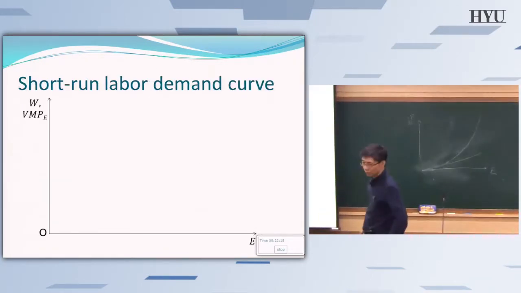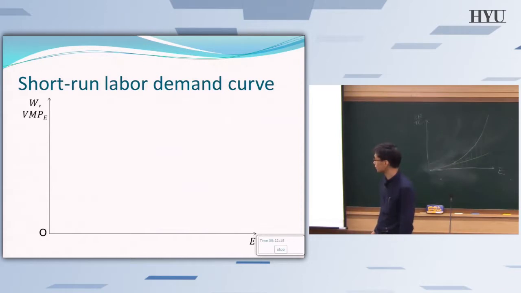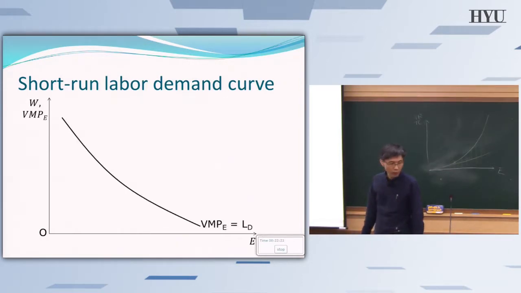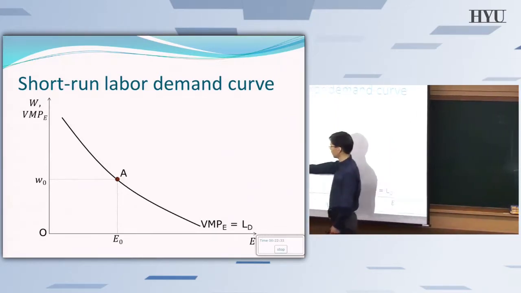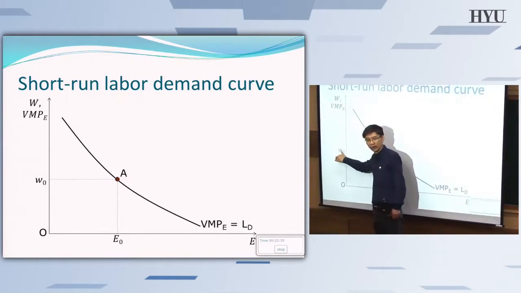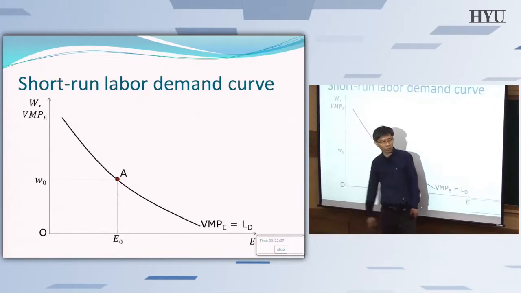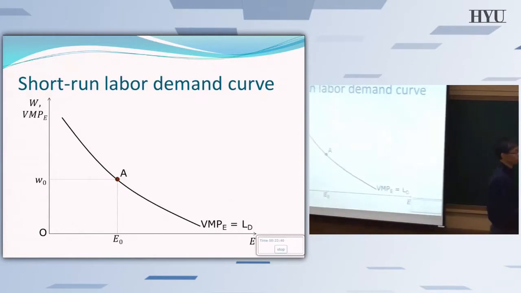So think of the short-term labor demand curve. The short-term labor demand curve is simply the VMP curve. Why? Because short-term labor demand is determined this way. Because the firm is a wage taker, the wage is given at the labor market, at W0. If it's W0, what does the firm do?